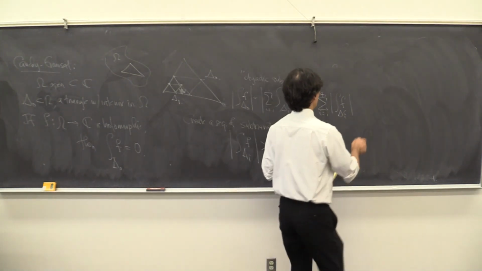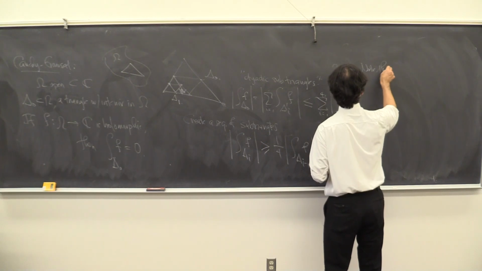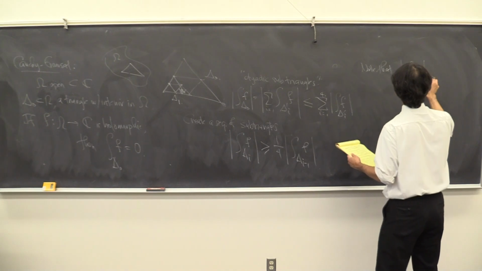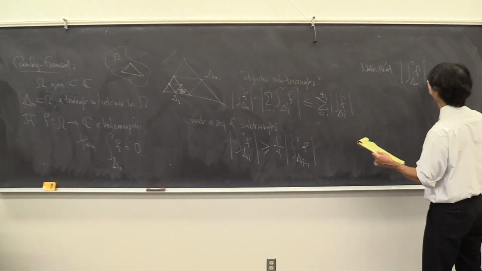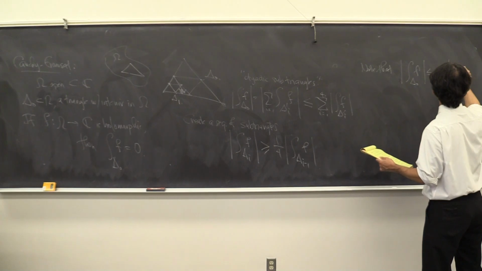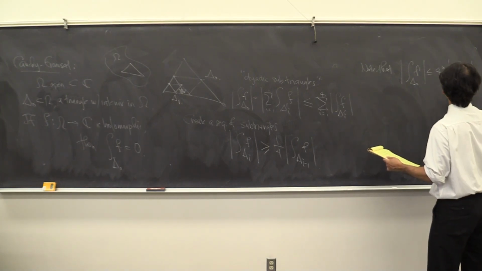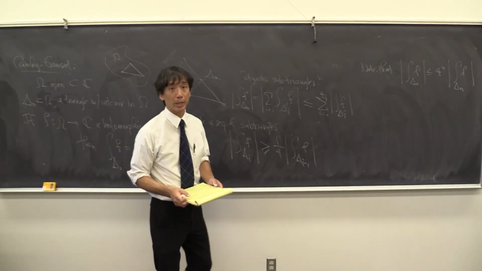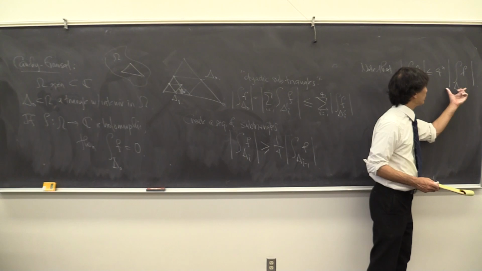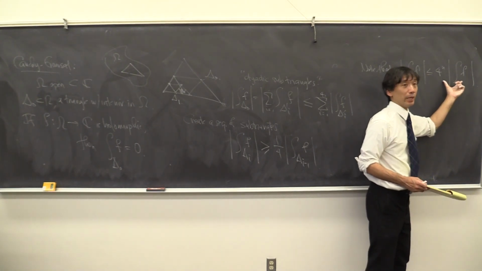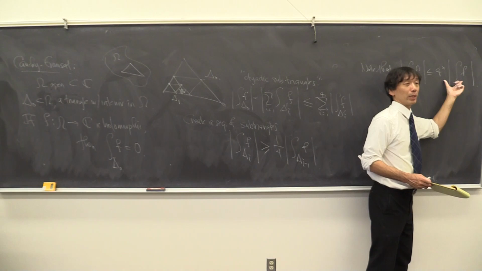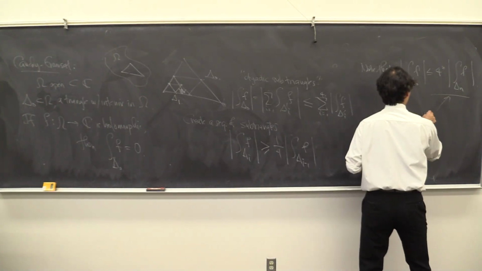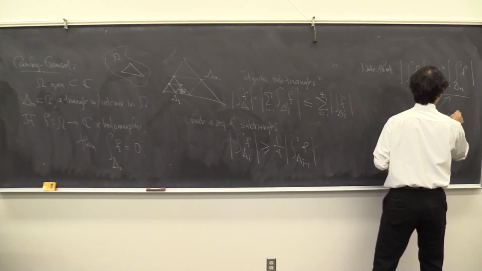Note that the integral over the 0th triangle is controlled by 4 to the n times the integral over the nth triangle. What we're going to do is show that this term on the right-hand side can be made as small as we want. So we'll control this.